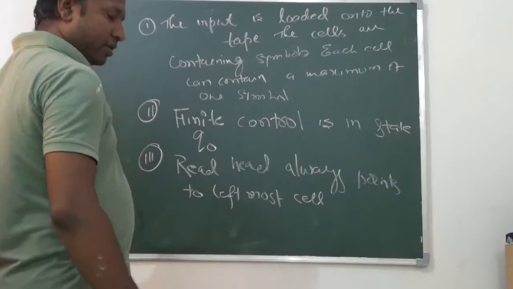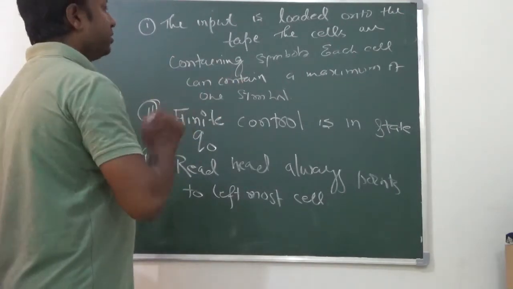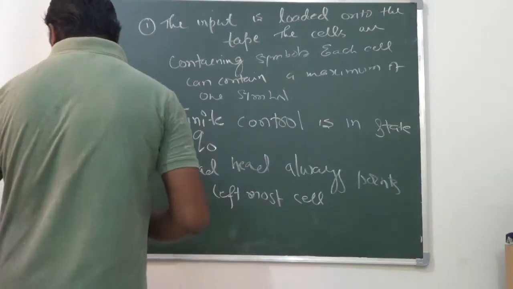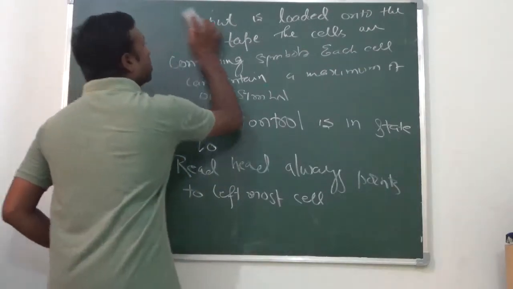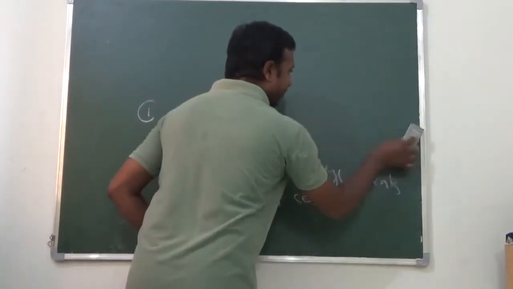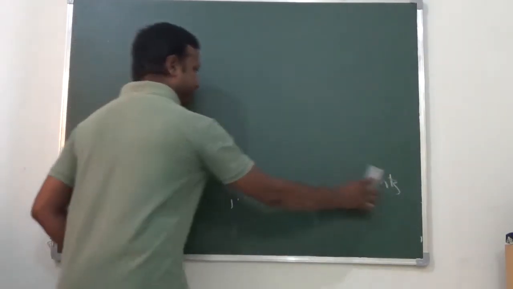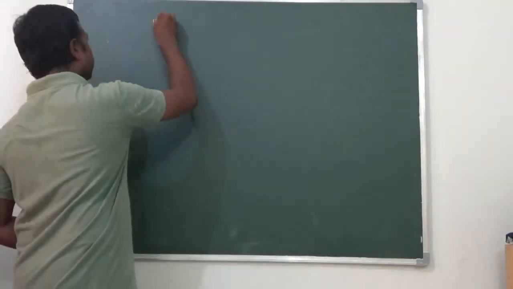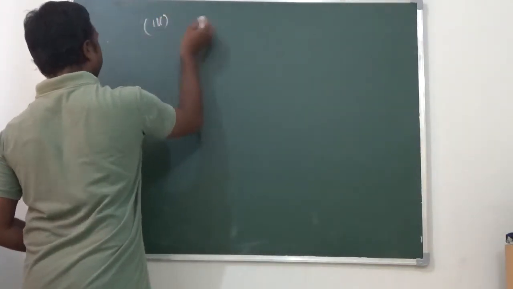So the read head is placed on the leftmost cell. Okay. Now let's talk about the behavior of the read head first. So that is the fourth point.